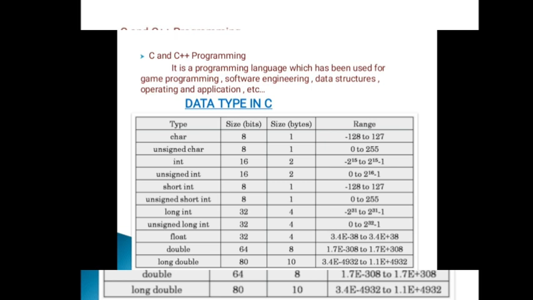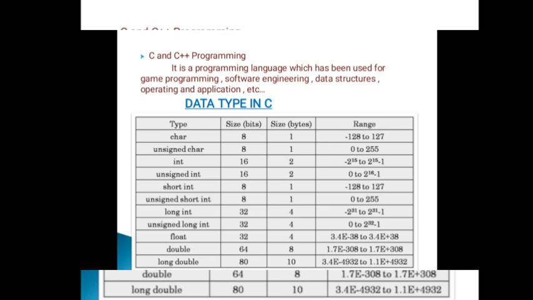Double, which is more storage, 64 bits and 8 bytes, it takes more memory, 1.7 e minus 308 to 1.7 e plus 308.